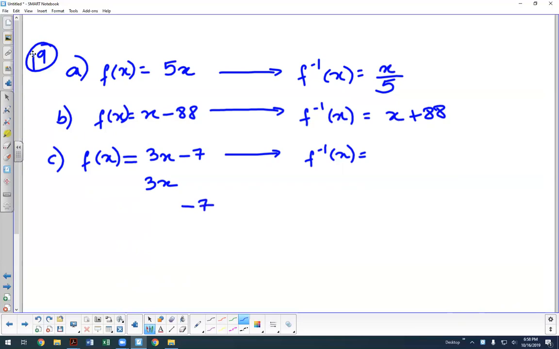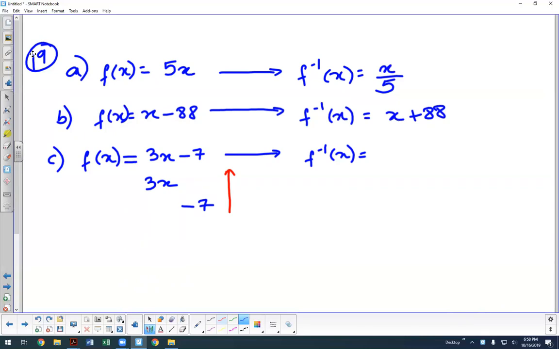So remember what they told us. Do the inverse operation in the opposite order, right? So that means when I go in the opposite order, I will inverse the subtraction of 7 first, and then inverse the multiplication of 3 last. So that's your opposite order.